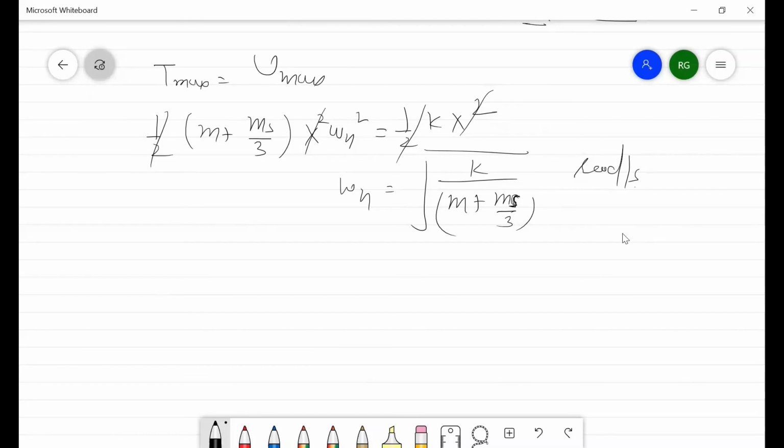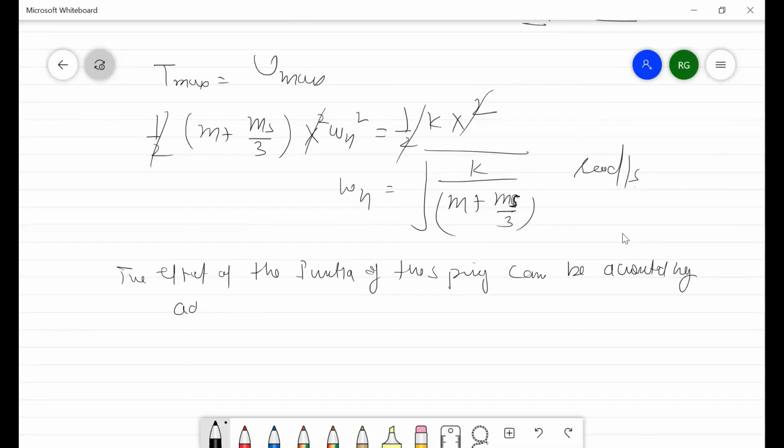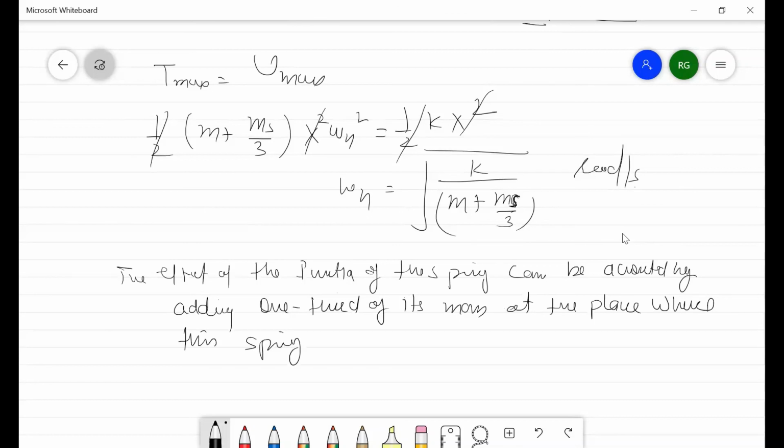So the effect of the inertia of the spring can be accounted for by adding 1/3 of its mass at the place where this spring is attached to the system or mass.